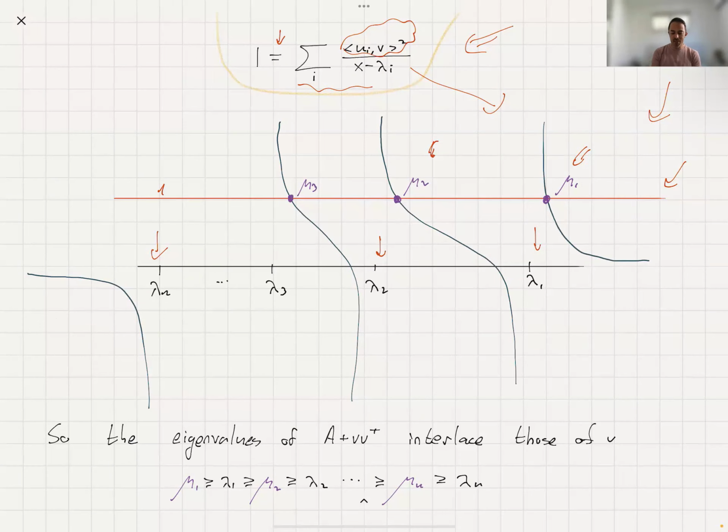And what you can see from this is that the new eigenvalues, because the mu_i are the eigenvalues of A plus VV transpose, interlace the eigenvalues lambda_i. In what sense? mu_1 is larger than lambda_1, and mu_2 is smaller than lambda_1 but larger than lambda_2, and so forth.